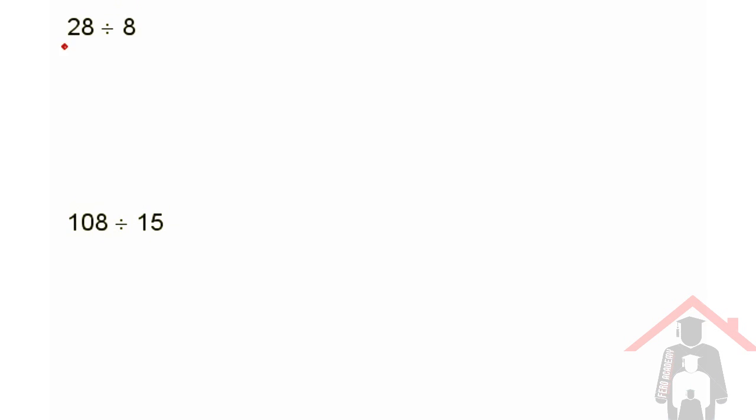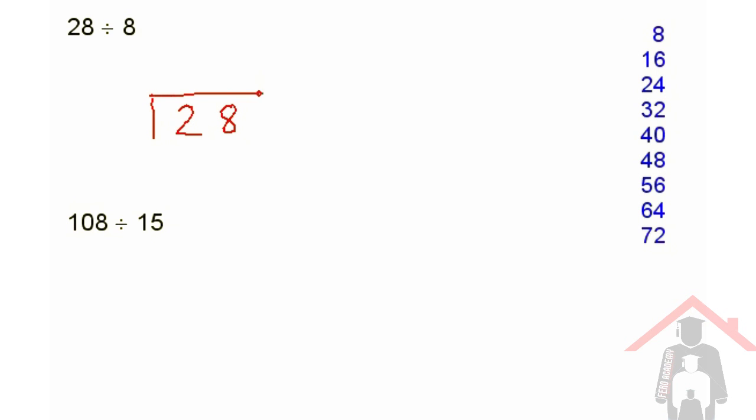For this question, I need my 8 times table. We begin the question by putting the 28 in a bus shelter with the 8 outside. 8 does not go into 2, so we look at the 28. 8 into 28 goes 3 times. 3 8s are 24, and this gives me a remainder of 4.